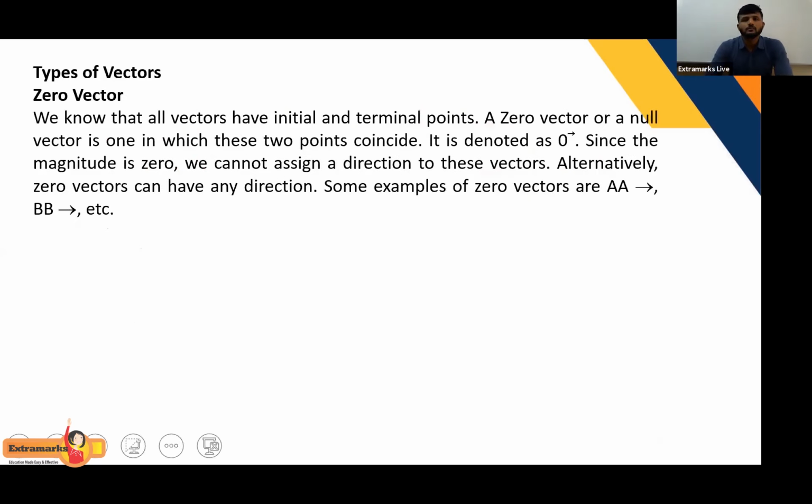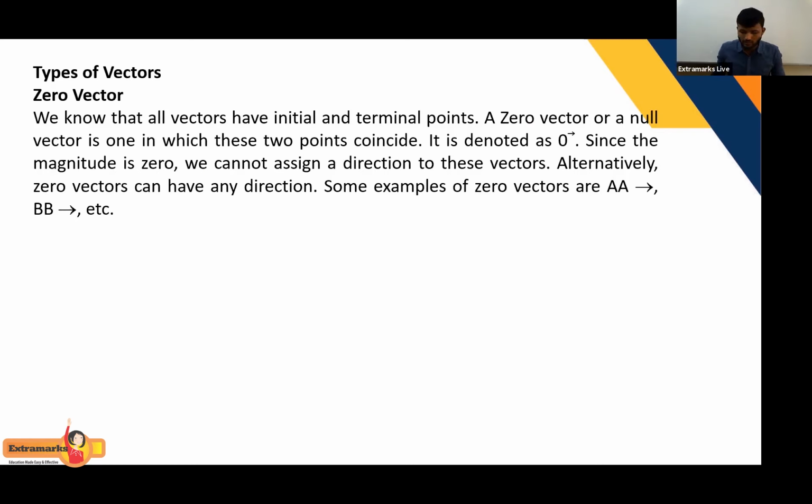Now, there are different types of vectors, and we'll discuss each of them in detail. The first type of vector is the zero vector. Now what is the zero vector? As is clear from its name, it has zero magnitude. Zero magnitude means zero length, so the length of the arrow will be zero. Now you will wonder, if the length of a vector is zero, how will you represent it in arrow format?